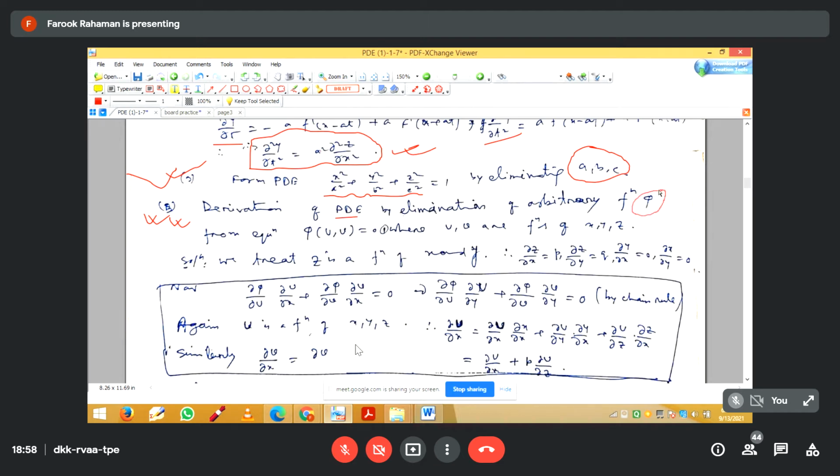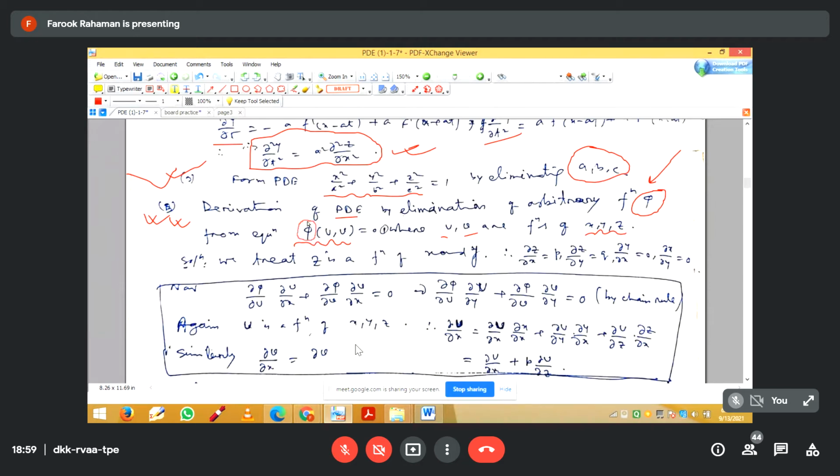You can see very carefully the function phi. What is the function phi? The function phi is given by this one: phi of u and v equal to 0. Where u and v are nothing but functions of x, y, and z. So to form a differential equation, we have to eliminate this one, that is phi.